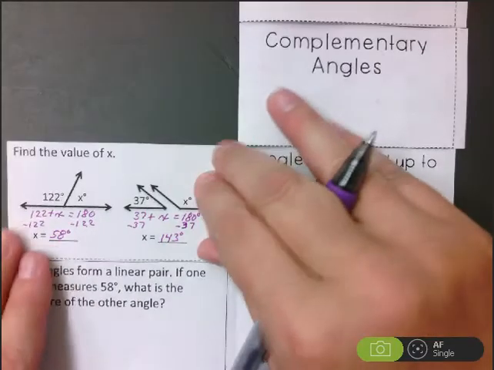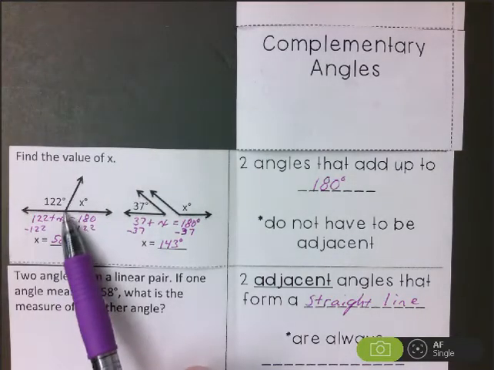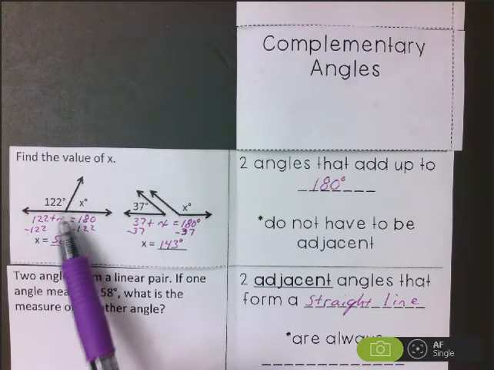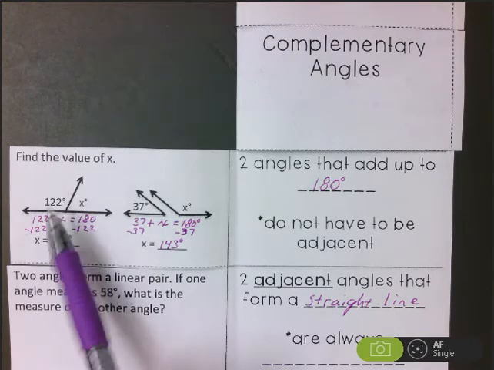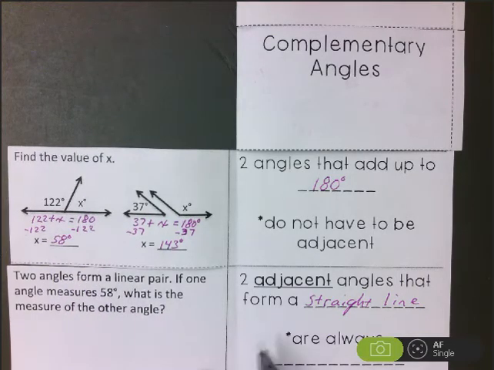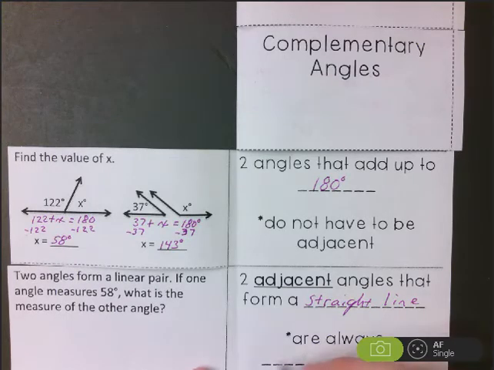So if we go back up here to our supplementary, this one on the left, that would also be a linear pair. These are not only supplementary, but they're also adjacent, so that means they would be a linear pair. They are always supplementary. Linear pairs are always supplementary.